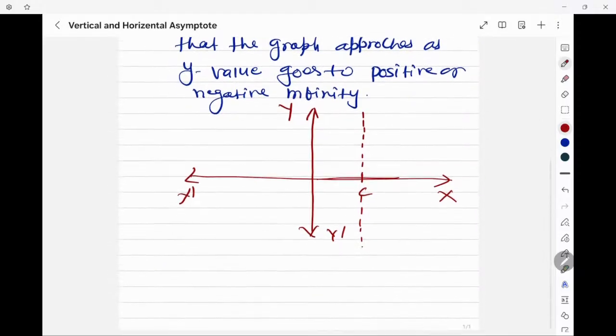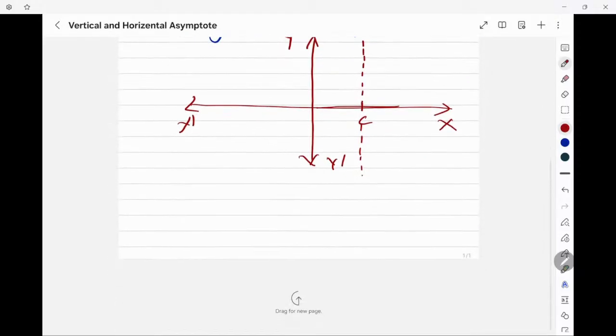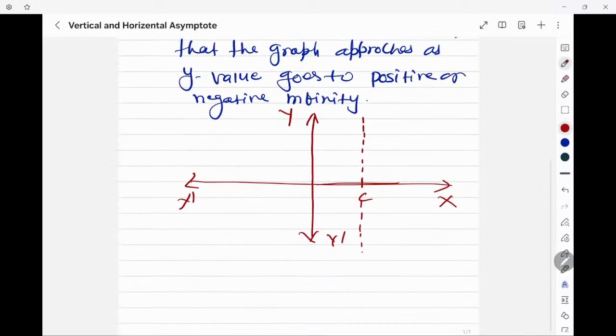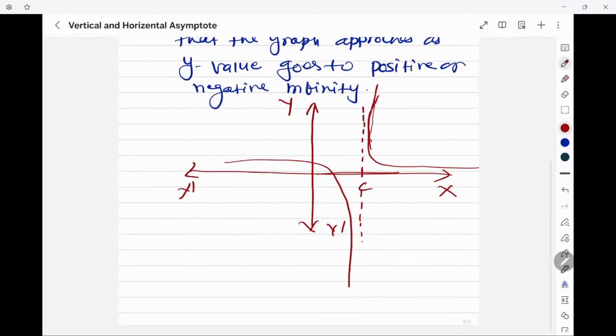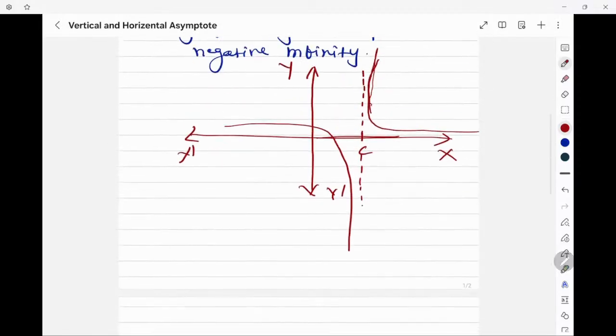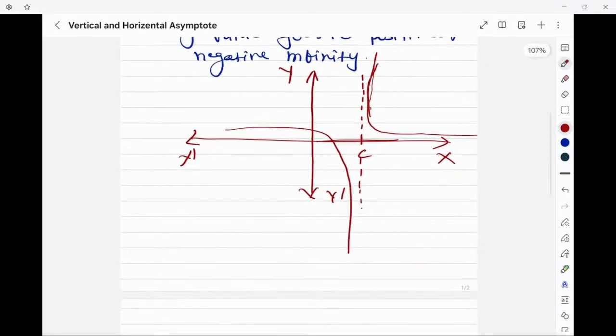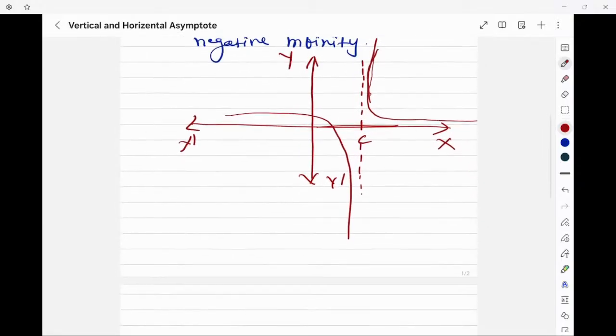The graph is drawn here like this, and this part looks like this, but the graph never touches the dotted line, right? So this is the graph.